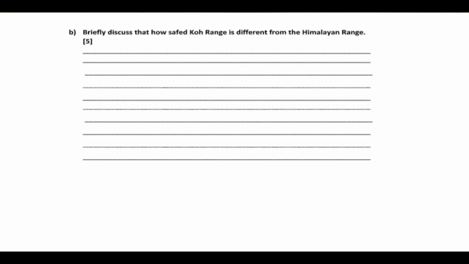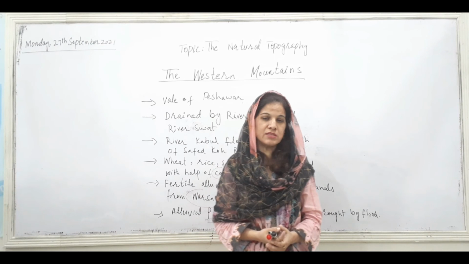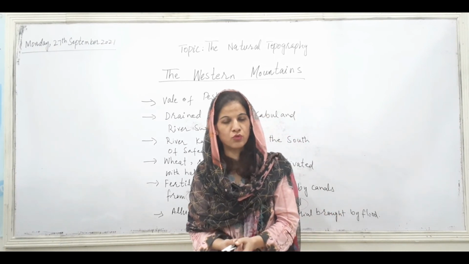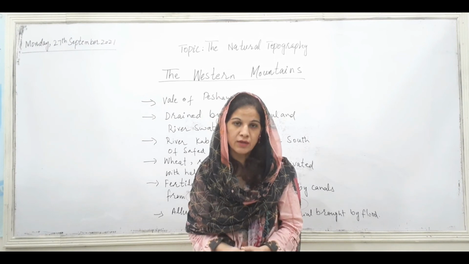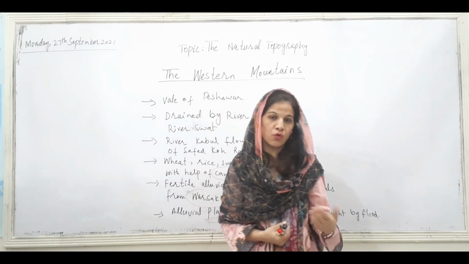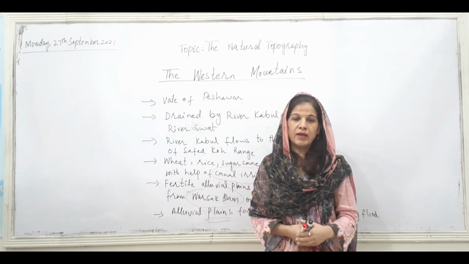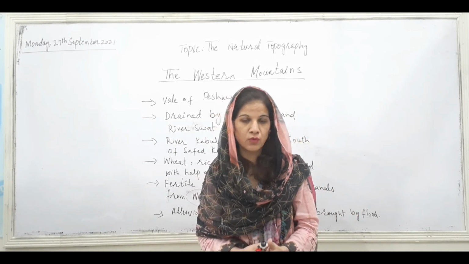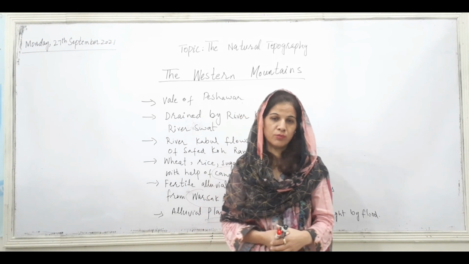Like the first thing is height. Height is different. The northern mountains are comparatively high as compared to western mountains. Then stretch is also there. Then northern mountains have dotted springs, limestone ridges, mineral resources which are not found, or if found they are not being explored. And then canal irrigation is possible in these mountain ranges as compared to northern mountains.